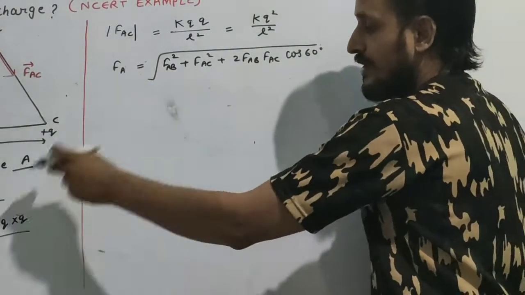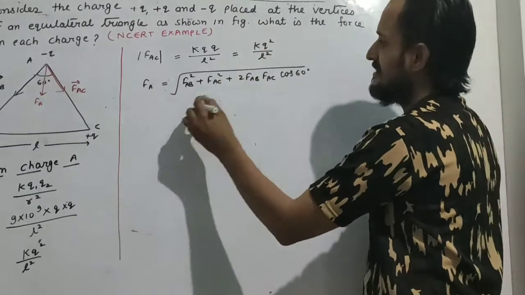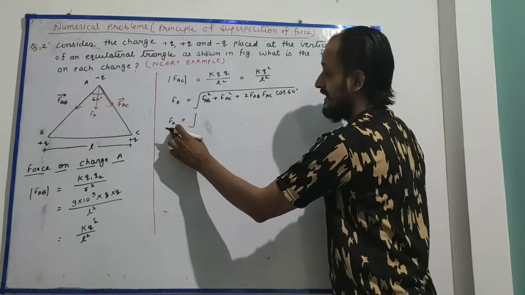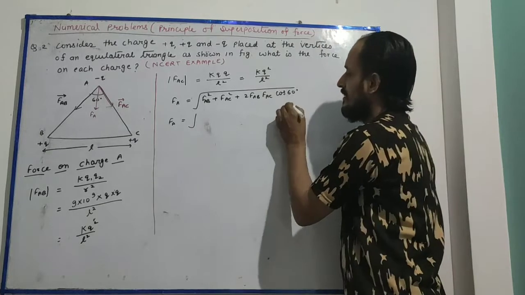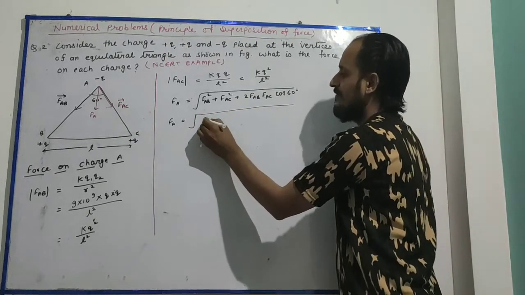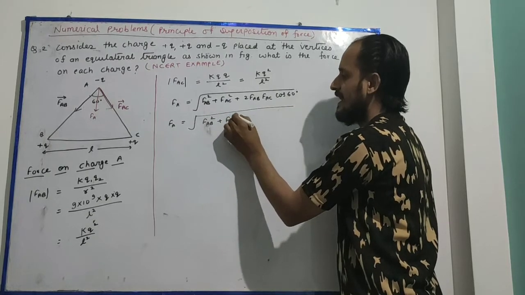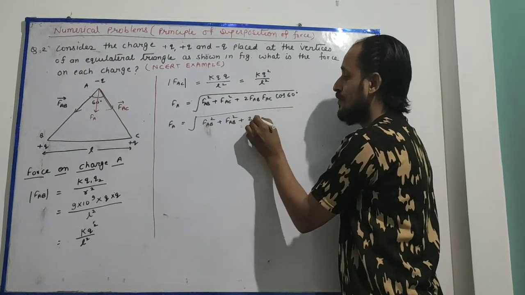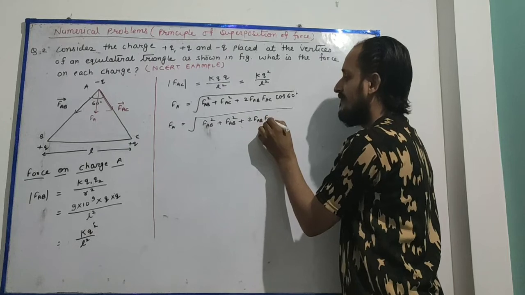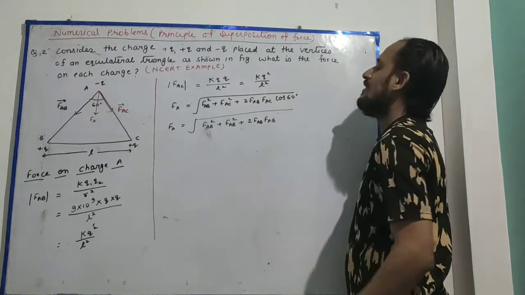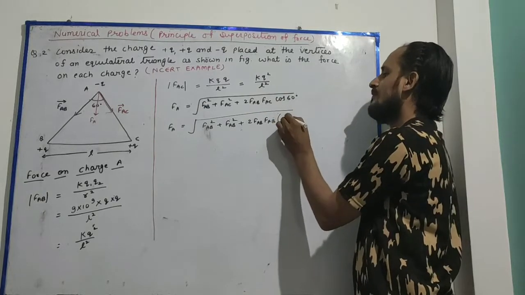We know the magnitudes of FAB and FAC are the same, so we can write FA, that is the net force on charge A, is equal to FAB square plus FAB square plus 2 FAB FAB. Instead of FAC, you can write FAB. Cos 60 degrees is 1 by 2.